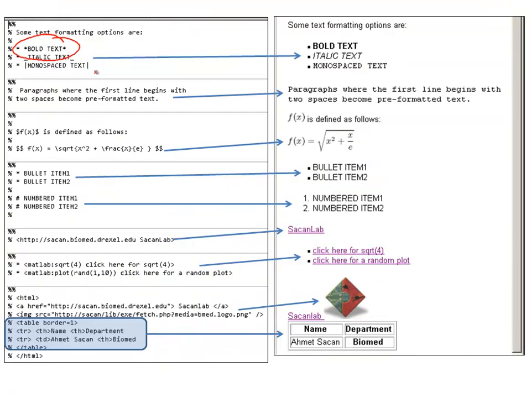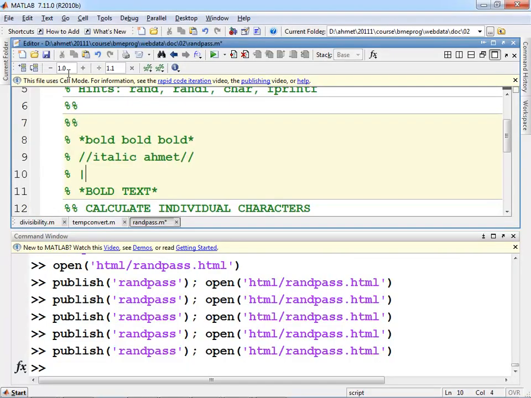And the monospace text is where the characters take equal width in the generated file, which may be useful when you are trying to refer to a variable in your code. Okay. A is the variable.